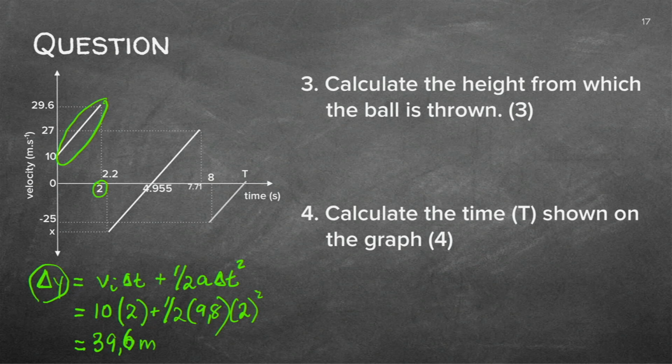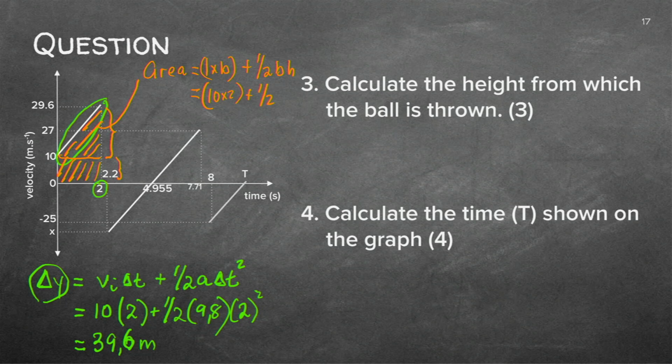You could have said, if I've got the area under this graph, I can then also calculate the height of the building. The area would be length times breadth plus the triangle. So I've got 10 times 2. Can you see there? 10 times 2 is that part, plus a half.